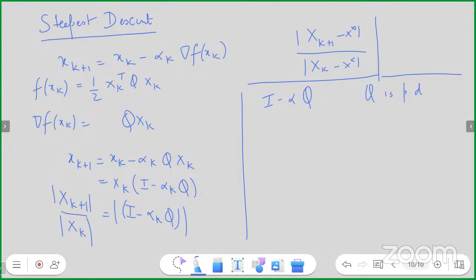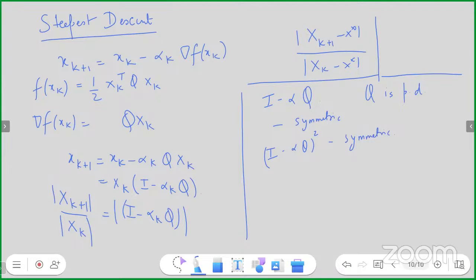Okay, I won't ask you to prove it. Symmetric, and so is alpha Q squared. This should also be symmetric. Okay, symmetric, A squared is symmetric.